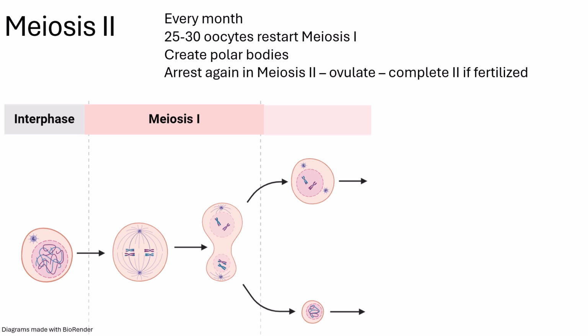Every month, there are a bunch of oocytes that want to be picked to ovulate. About 25 to 30 oocytes will restart and fully complete meiosis 1. However, unlike the equal divisions of cells in spermatogenesis, in oogenesis, the divisions create one big oocyte and one little tiny polar body.